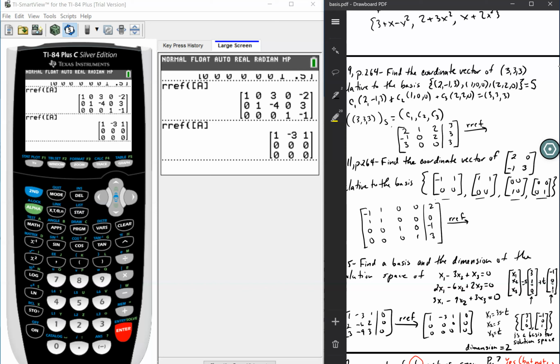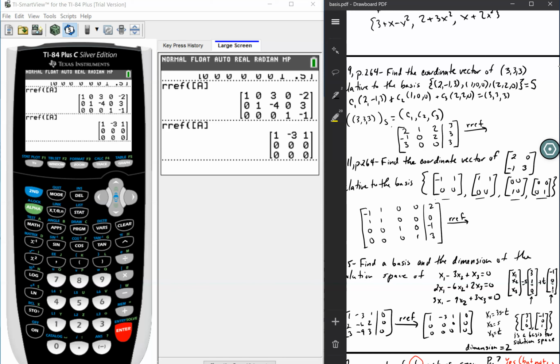Leave the first one for you for practice as well as doing the ones in the homework. So again, the way we do this is we want constant times the first, constant times the second, constant times the third, constant times the fourth equals the vector we're interested in. We're trying to solve for those constants. That's why we're setting up this system of linear equations and then making an augmented matrix.